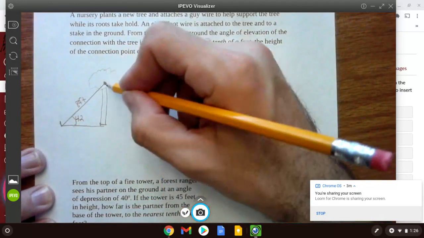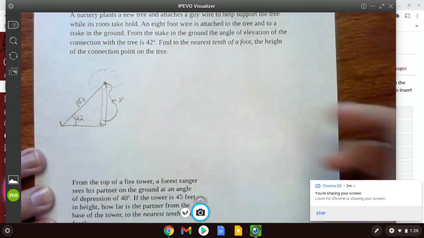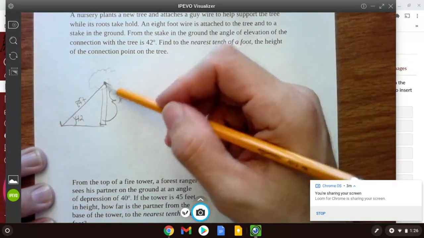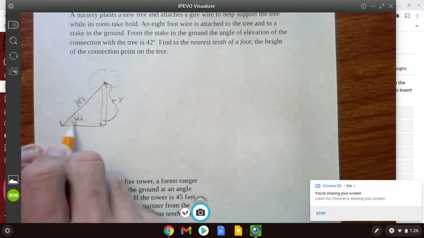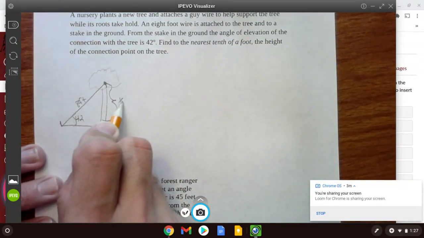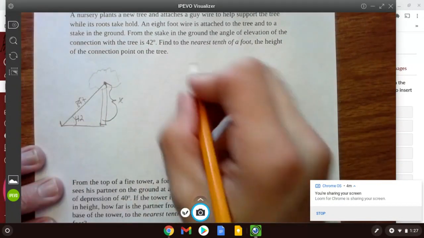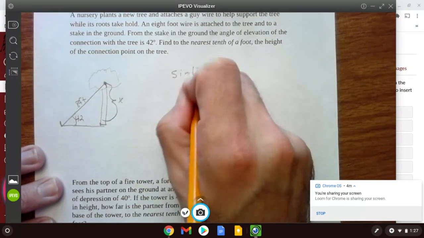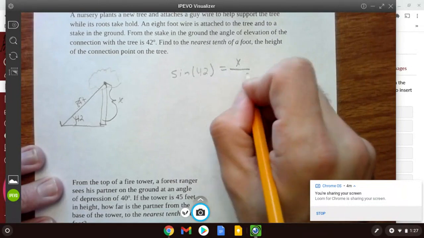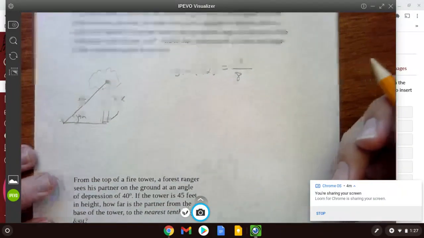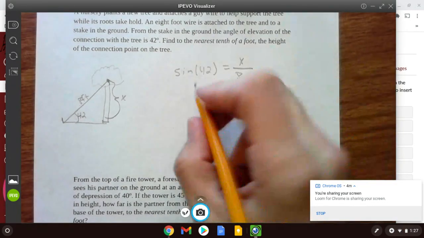The question is, what's the height of the point of connection here? We've got an angle of 42. The side opposite is x, and we know the hypotenuse is 8 feet long. So I'm going to use sine of 42 equals opposite over hypotenuse. To solve for x, we multiply both sides by 8.